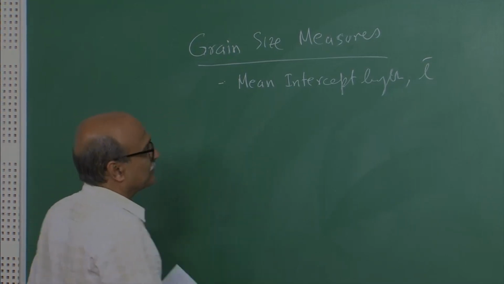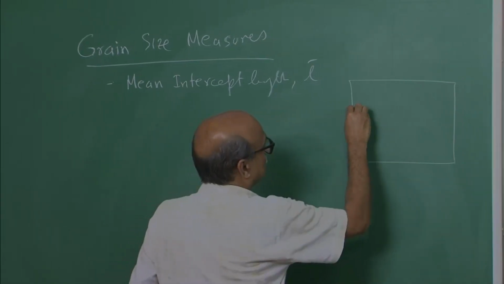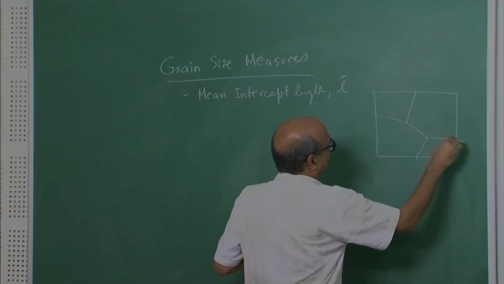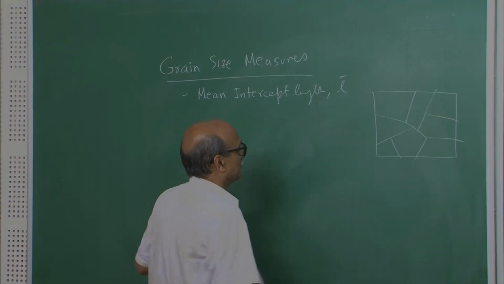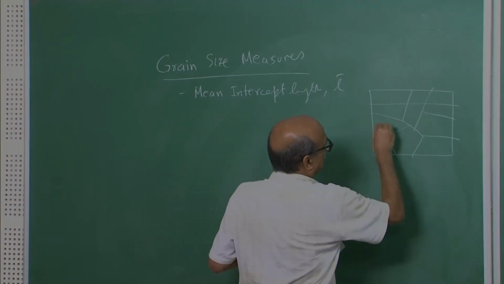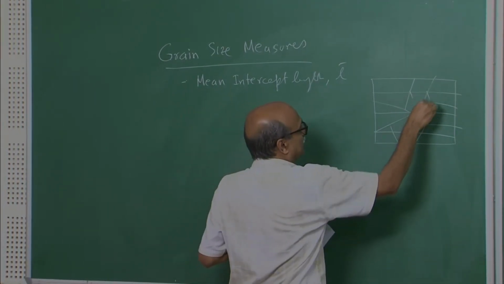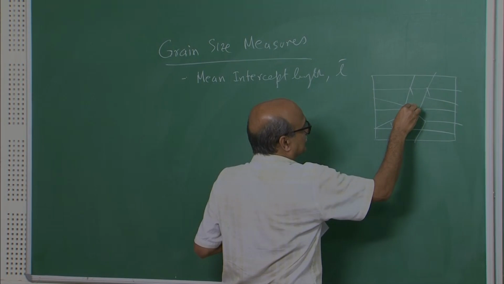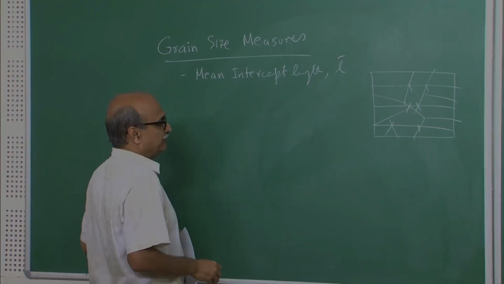And in this, what we do is, if you have a polycrystalline microstructure with grains and I want to get an average grain size out of this, I put a grid of parallel lines on this and count the number of intersections that these lines make with the grain boundaries.